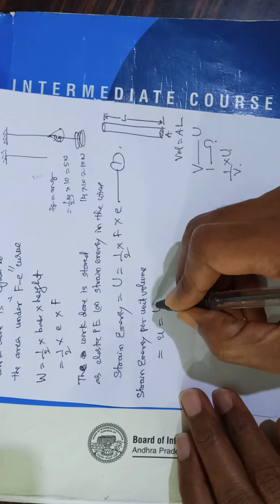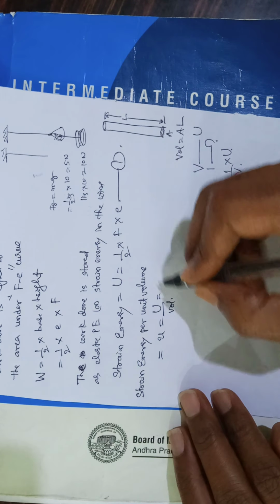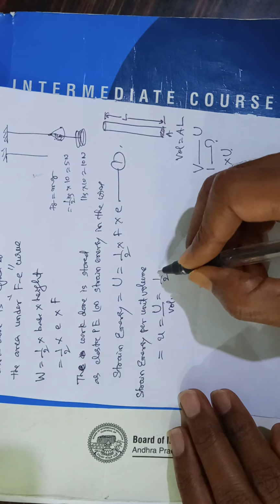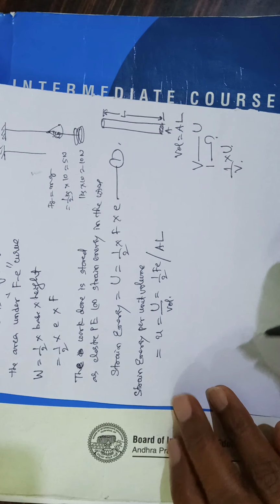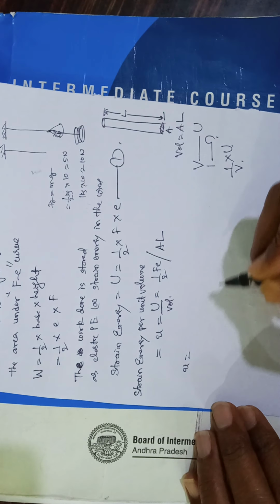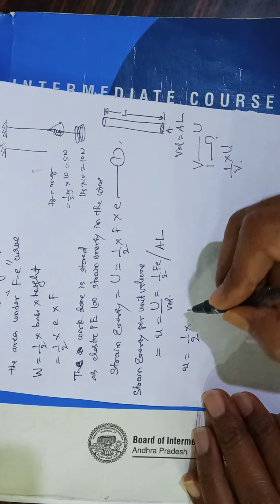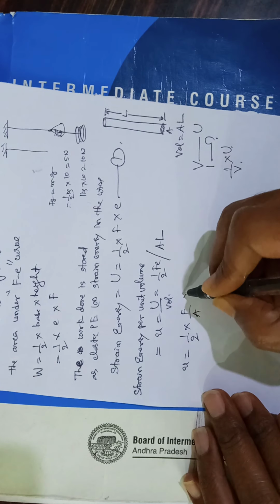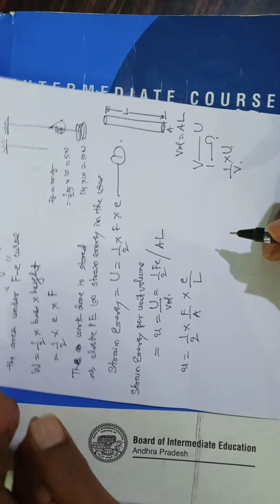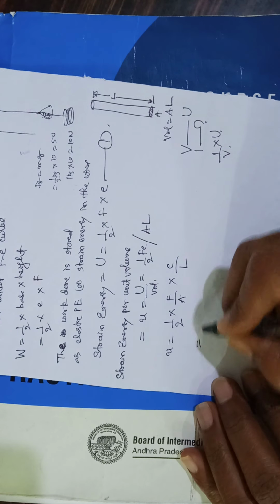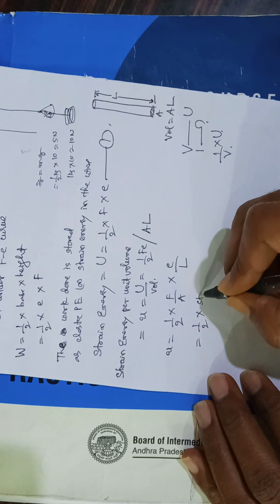So, strain energy divided by volume. Strain energy is 1 by 2 Fe, divided by volume, which is AL. So u is equal to 1 by 2 into F by A into e by L. See here, half into force by area becomes stress.